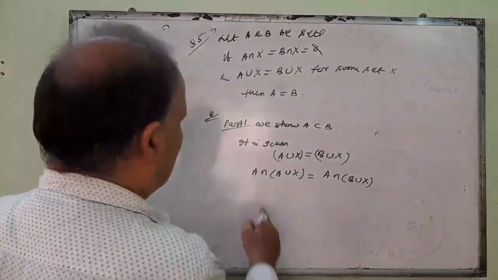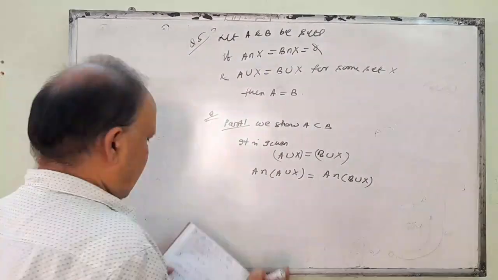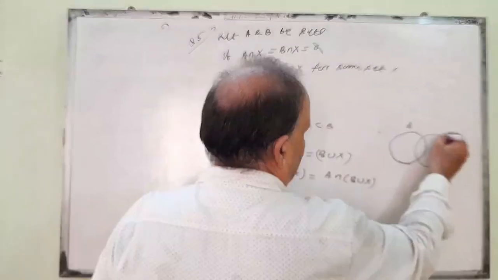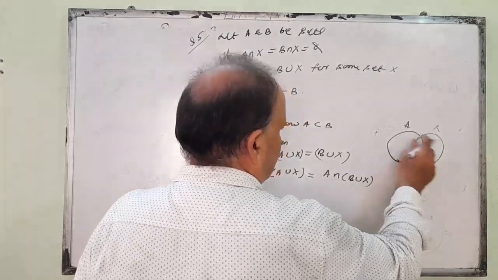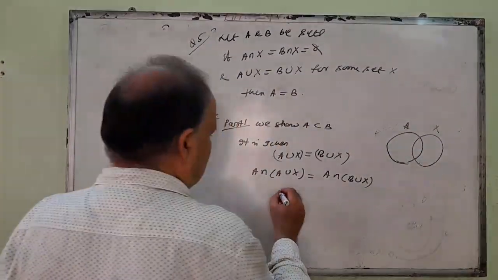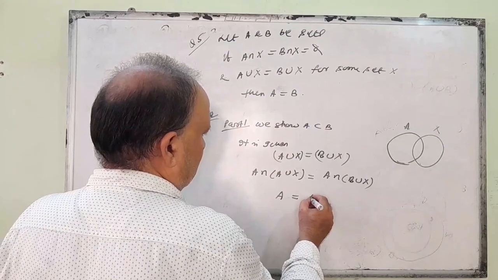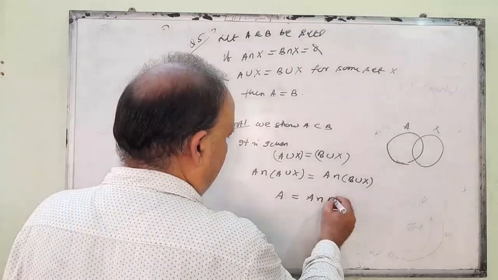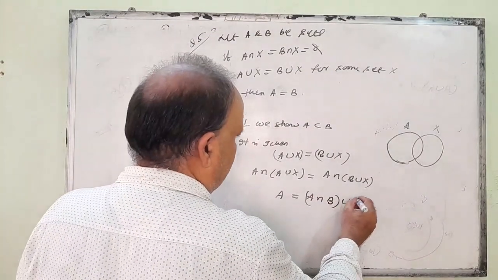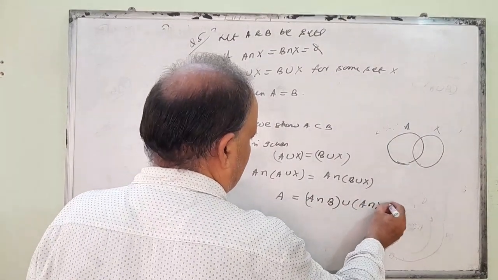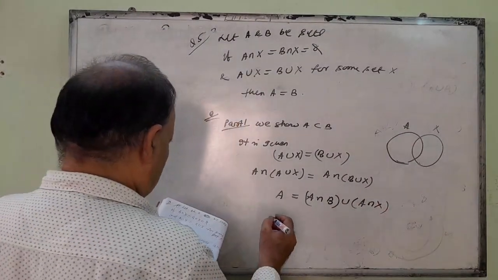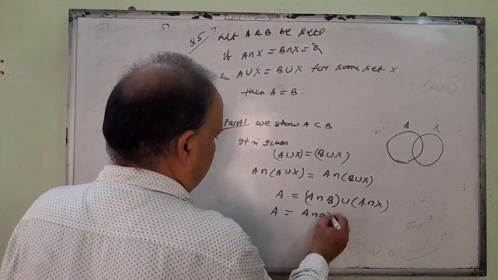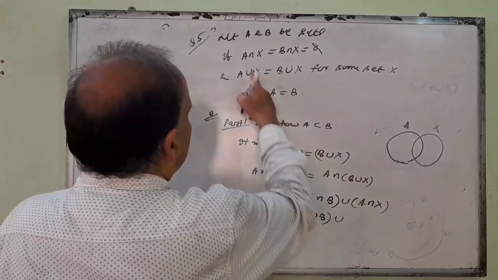Apply the distributive law: A is equal to (A intersection B) union (A intersection X).